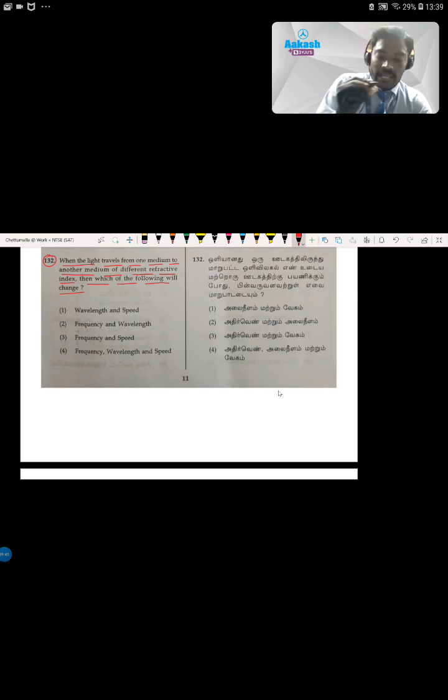Except in the first option, in all the remaining options frequency is involved, where frequency is constant. So directly you can select option 1 as the suitable answer. Wavelength and speed may change when light or any wave passes from one medium to another medium having different refractive indices.